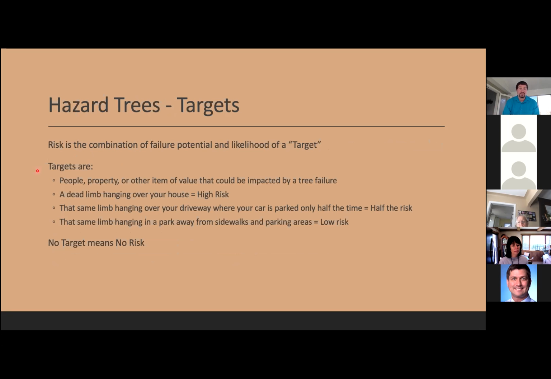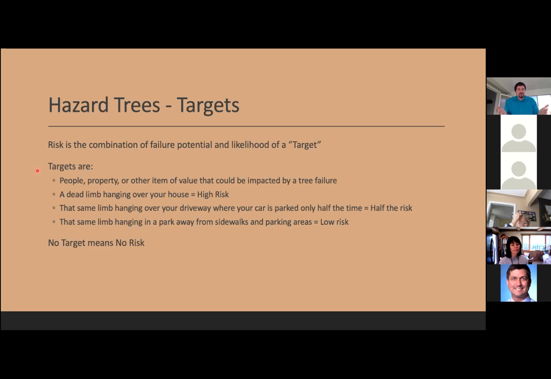If you have a dead limb hanging over your house, you can't move your house. That's a high-risk thing, and absolutely, we need to take care of that. If the same thing is going on over the driveway, but your car's only there half the time, then there's half the risk. If it's out in the park, sure, maybe somebody might walk under it someday.